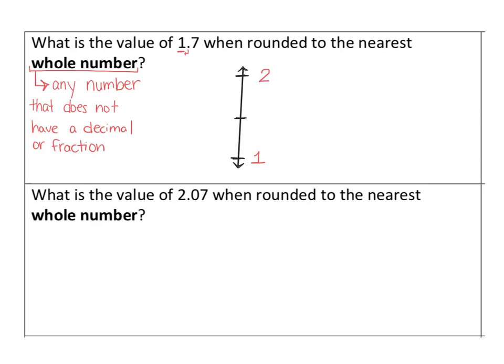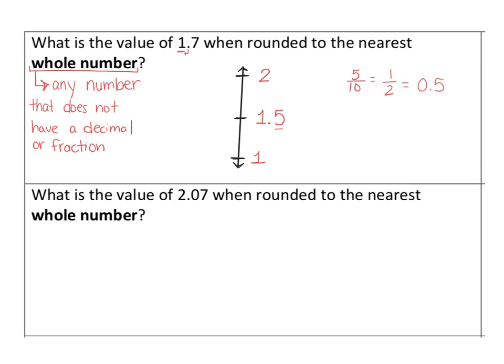Now you need to think, what is halfway between 1 and 2? 1.5. And as a fraction, we write that 1 5/10, because 5/10 is the same as 1/2. Okay, make sure you write that down. That is how we get our 1/2 here.